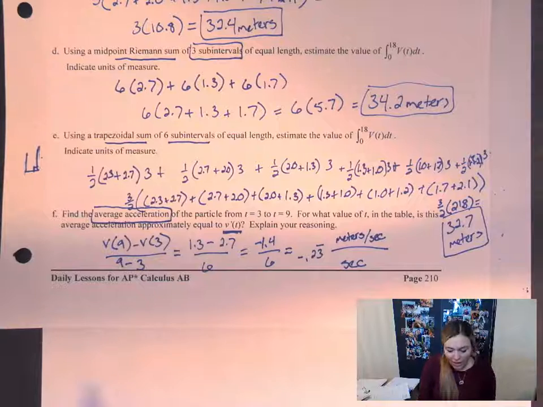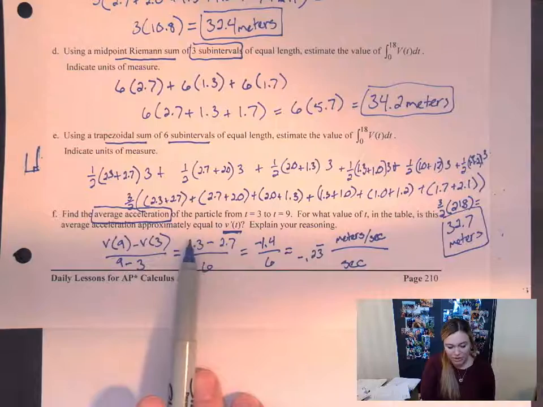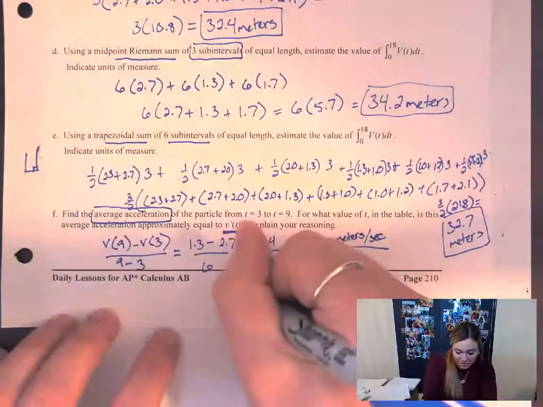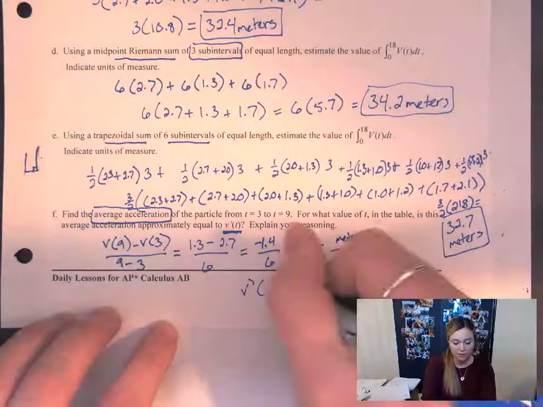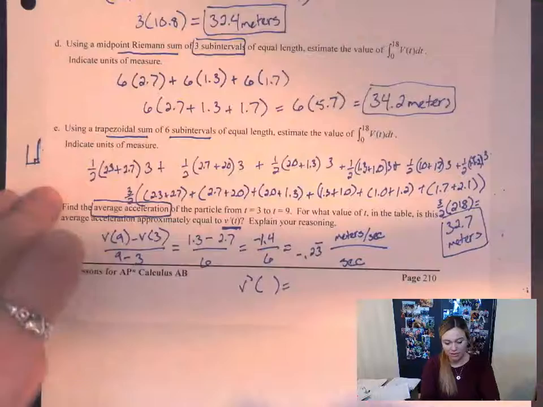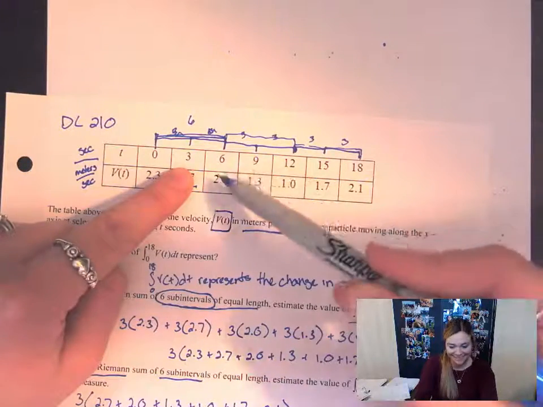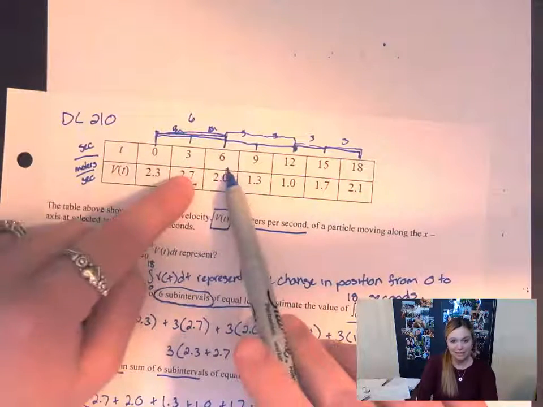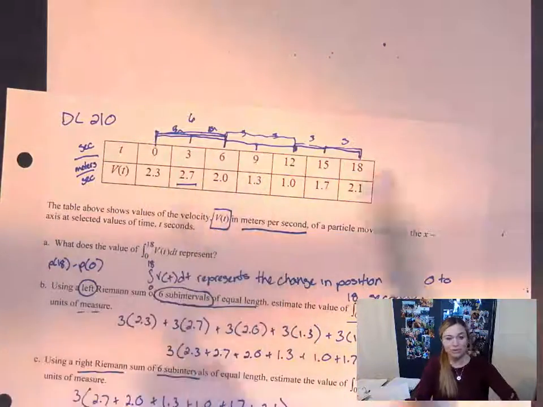For what value of t in this table is the average acceleration approximately equal to v prime of t? Remember how we estimate the slope of a tangent by doing the slope of the secant? So if I went from 3 to 9, yeah, v prime of 6. If I were trying to find v prime of 6 and I were estimating this, I would do v of 9 minus v of 3 over 9 minus 3.